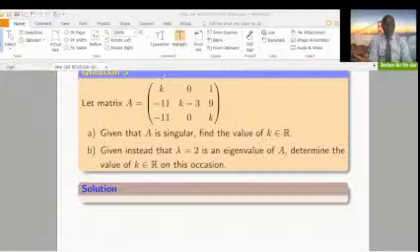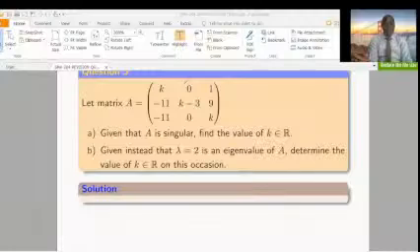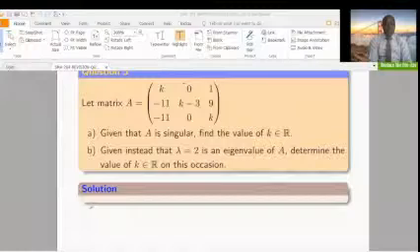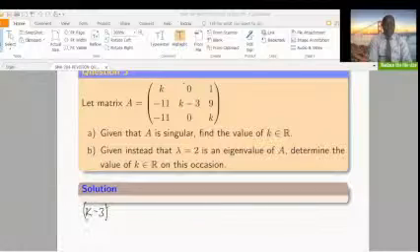Now, the signs go positive, negative, positive, negative, and so on. If this is negative, then this will be positive, and this will be negative. So those signs reverse, and we had already talked about that in my earlier video on how to find the determinant of a matrix.